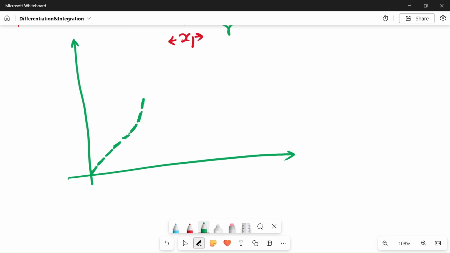All of them are straight lines actually, and these are the neighborhoods, and these are the straight lines according to the neighborhood values of x. It's the straight line breakdown according to the neighborhood of x.